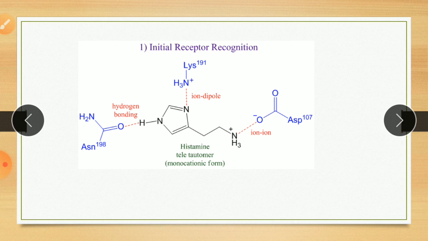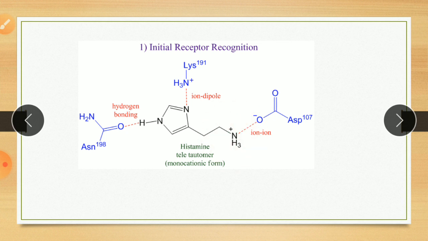The acidic aspartate residue, this one, at position 107, is part of the H1 receptor. On position 107 there is an aspartic acid residue in transmembrane 3 that appears to be responsible for binding the protonated amino group, that is the alpha nitrogen.